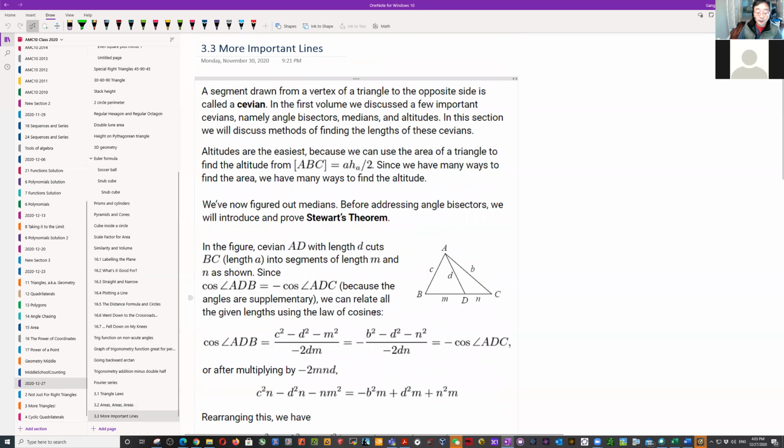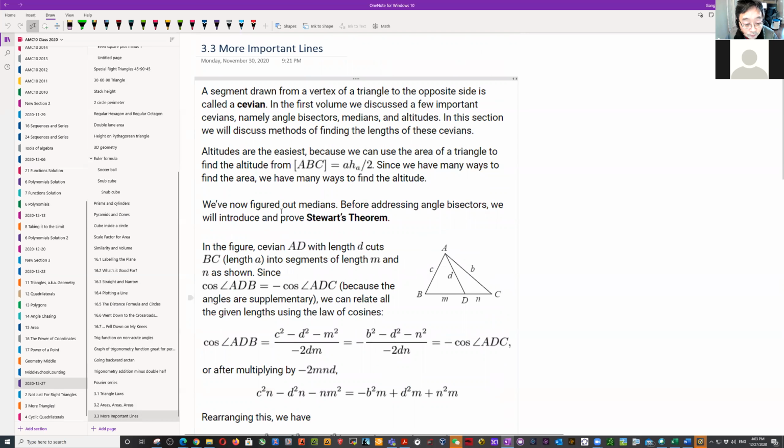Then there are more important lines, like Stewart's theorem. In Stewart's theorem, we are dealing with a Cevian. A Cevian means a line going to the other side, and we're trying to find the length of the Cevian.